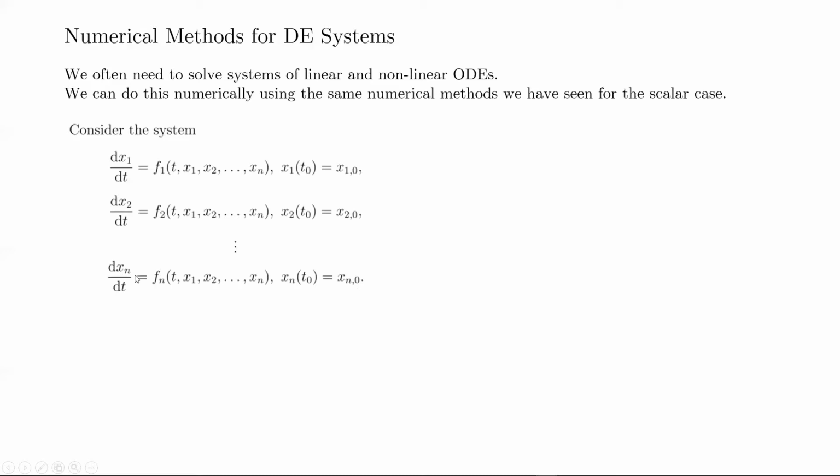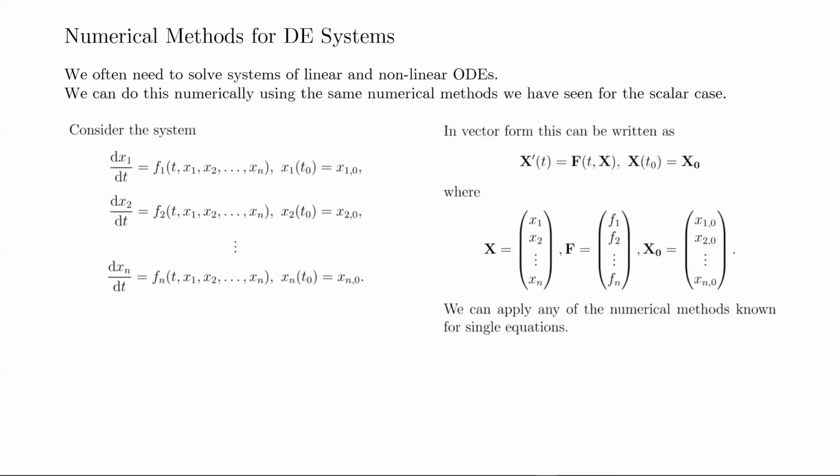x1, x2, all the way through to xn are the dependent variables. t is the independent variable. Notice that's the same independent variable for each of these equations. At t naught, the initial condition on t, I have n initial conditions. Again, I can write this system of equations in matrix form, just like I had done previously.